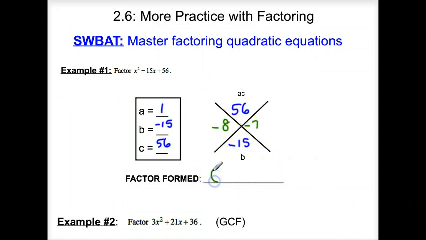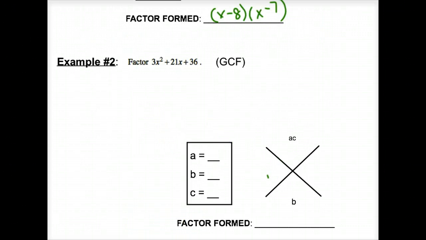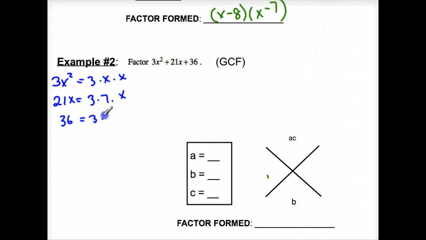And then my factored form, because A is 1, all I'm going to do is x minus 8 and x minus 7. For example number 2, this is where we factor first by finding the GCF. So what I'm going to do is break each of these terms down to see what they have in common. 21x is 3 times 7 times x, and 36 I know is 3 times 2 times 3 times 2.